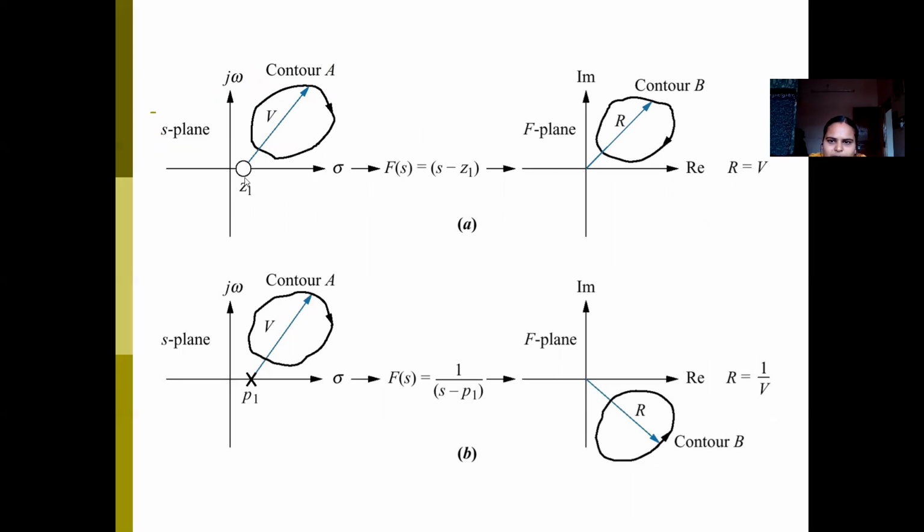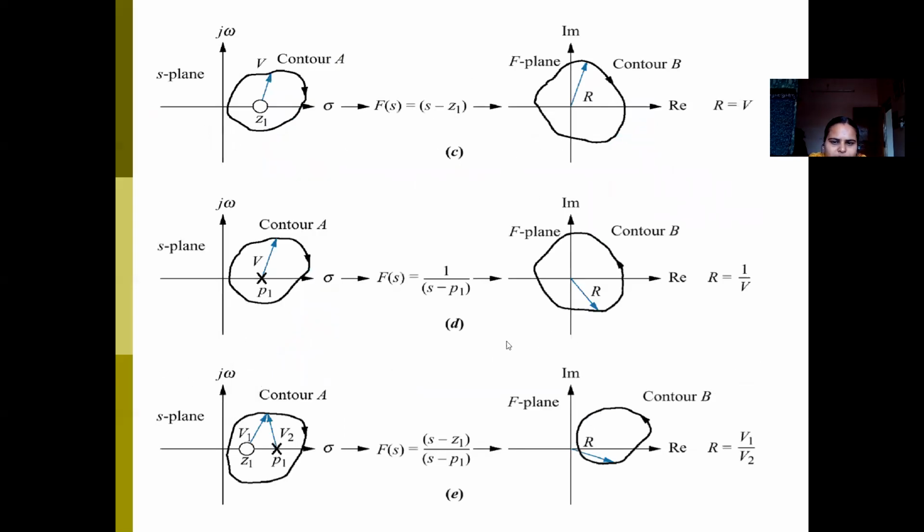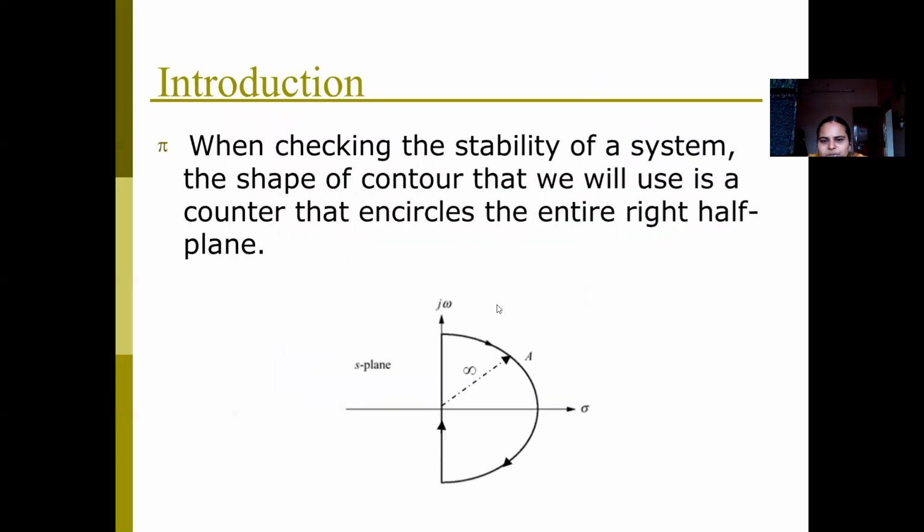Observe here, it's for a pole; here it is different. For the F plane, it will be different. And for a zero, and for a pole again, here in the F plane it is in the fourth quadrant. Here it is going to be the second quadrant. You'll go through the analysis in the theory classes. After this theory class, I can go over it one more time.